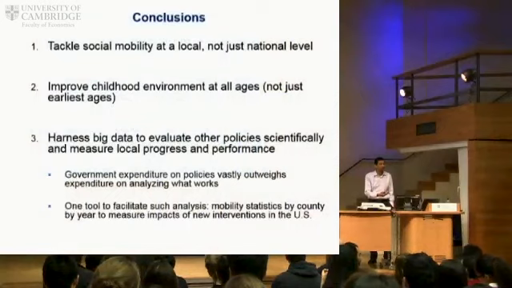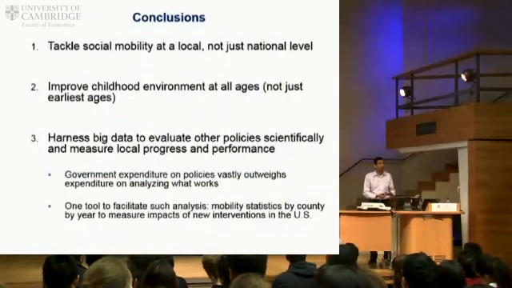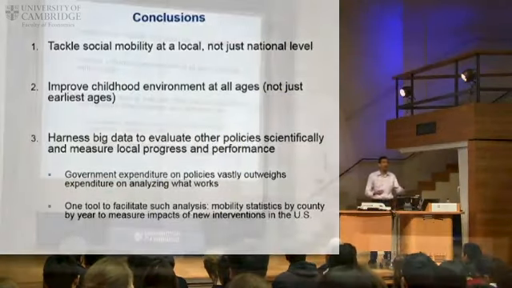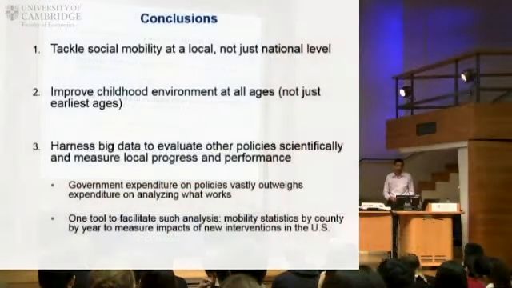I think one of the major issues in terms of government policy is that we tend to spend a lot more money on things like housing vouchers, education, and so on, relative to how much we know about the effectiveness of these policies. So our expenditure on trying to combat poverty and increase social mobility greatly outweighs our expenditure on trying to actually figure out which of these policies works. And that doesn't seem like a great use of money.